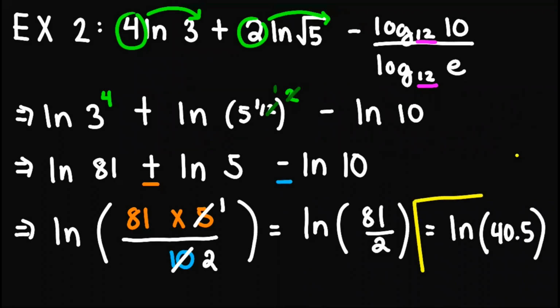And this one out here is the answer for this problem. So as you can see, a very large logarithmic expression was simplified into simply a single logarithm, which is ln of 40.5. So that is the beauty of the laws of logarithms.